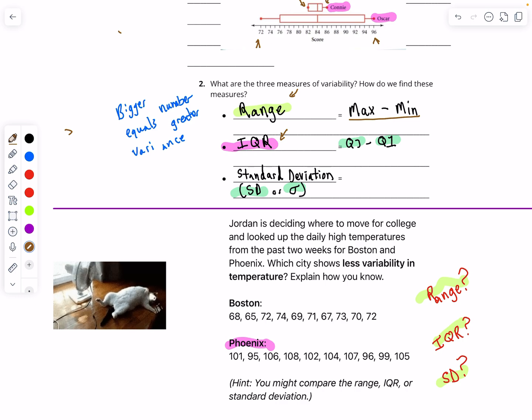And then the last one was standard deviation, also known as SD, or there's this little symbol. This is a reminder: the bigger the number equals greater variance. So if we have a very big range, there's bigger variance. With a smaller number, there's smaller variance, right?